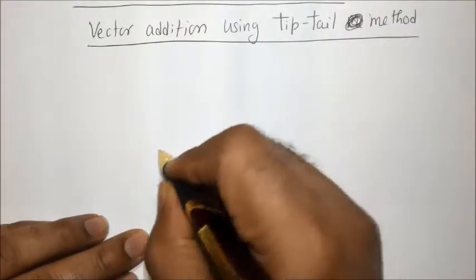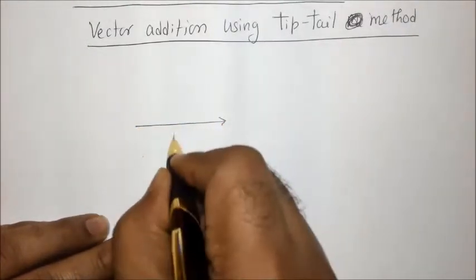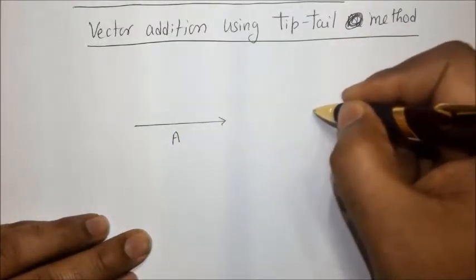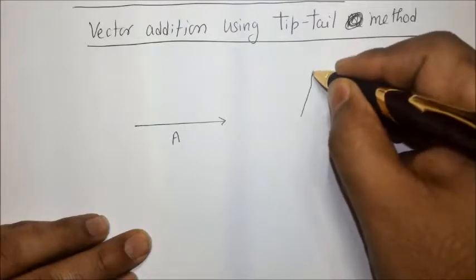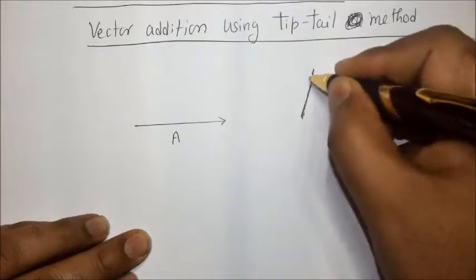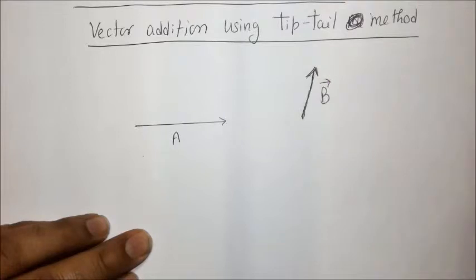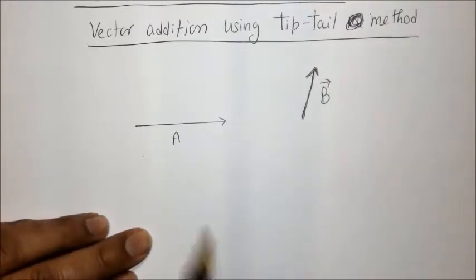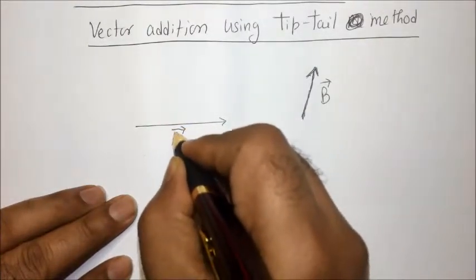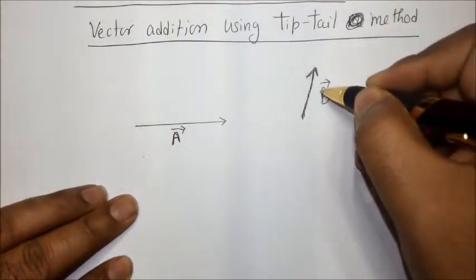If this is vector A and another vector is B, this vector A is a straight line, this vector B is a straight line.